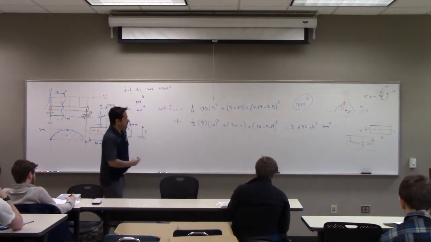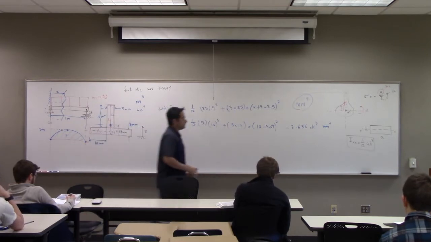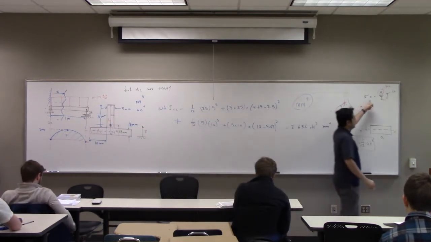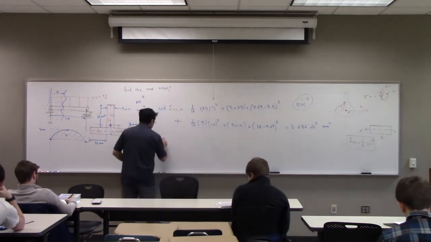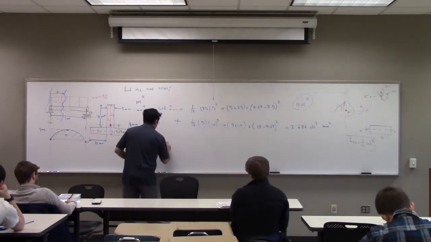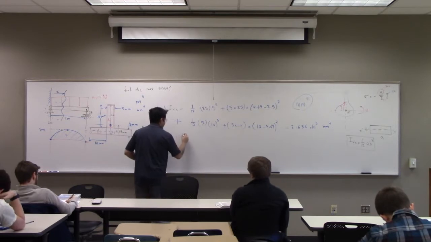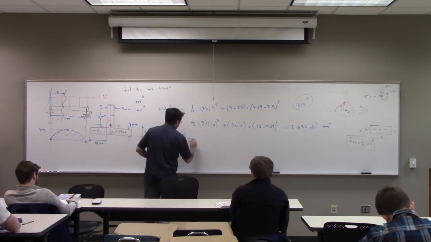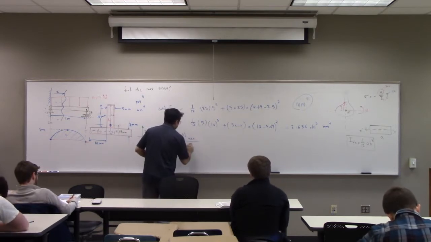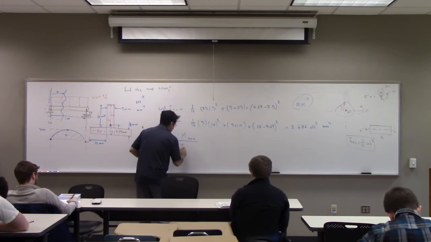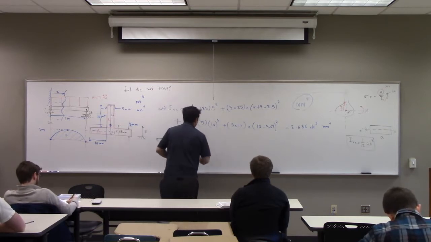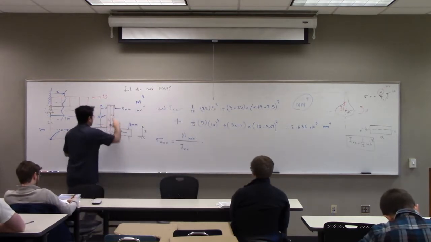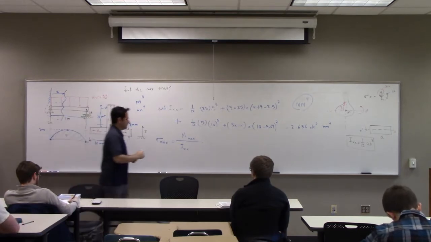So now I have everything to substitute here and get my maximum stress. So I say sigma max is equal to the maximum moment M max divided by IXX, times C2, right?